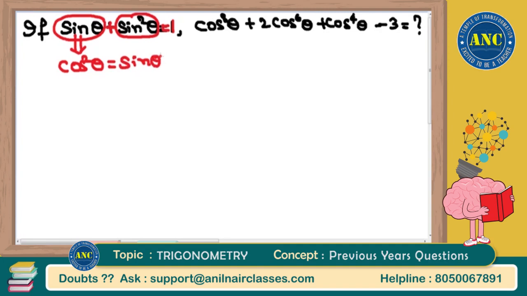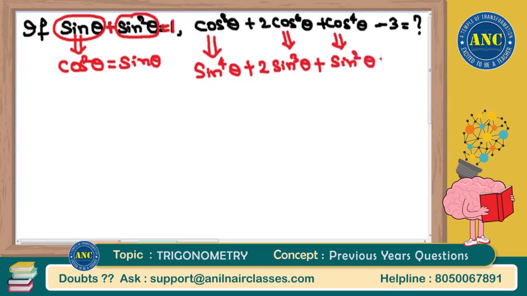So cos theta power 8 is sin theta power 4, cos theta power 6 is sin theta power 3, and cos theta power 4 is sin square theta, minus 3. This is what I need to find.